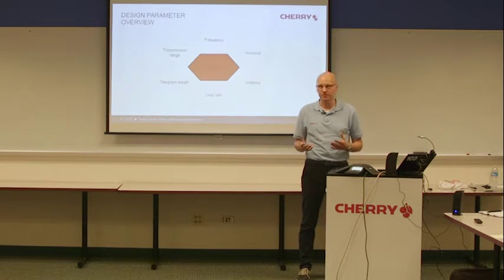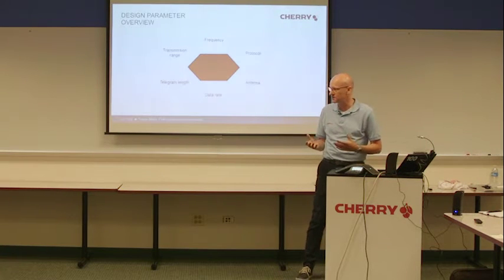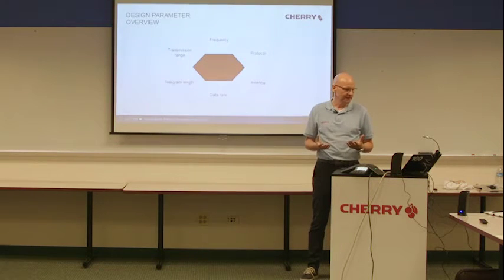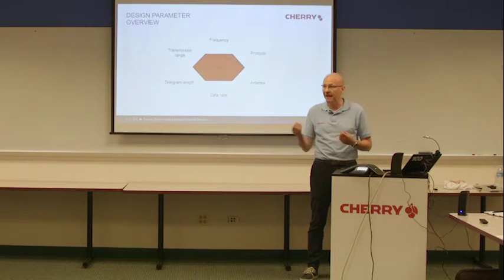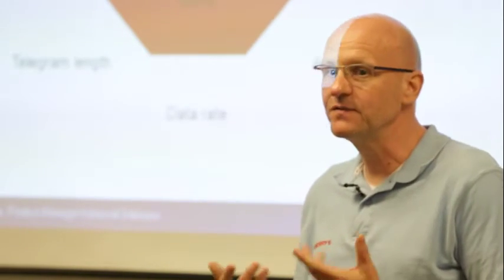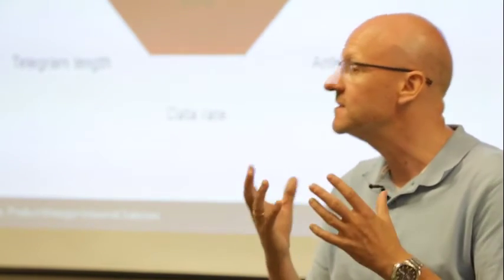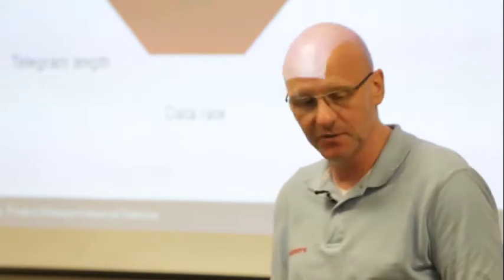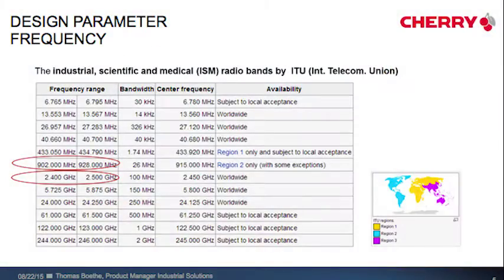Or the protocol. The protocol is the language between the sender and the receiver. The telegram length depends on the protocol. The transmission range is a physical parameter of the designed RF system, and the antenna is also a very important parameter. Let's start with the frequency.